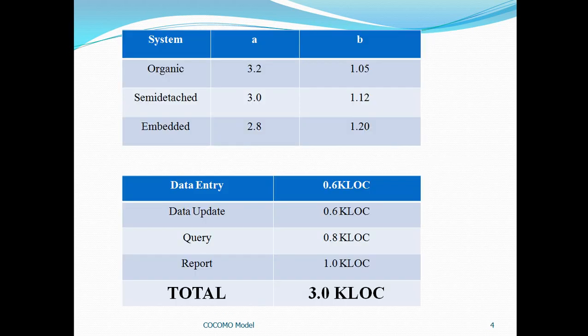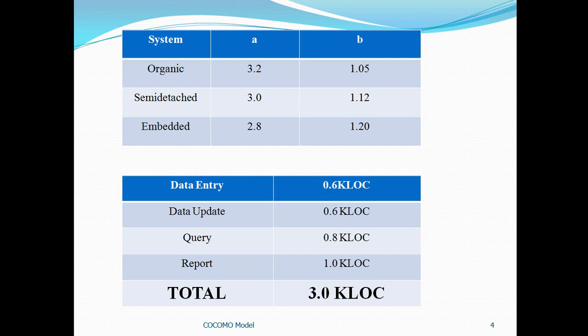Here, these two tables show the data, look at the screen. These are two different tables. The first one shows the type of the system and the complexity of the systems, whereas the second table shows the size of the project.